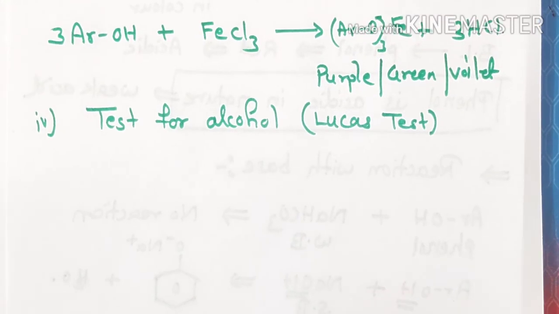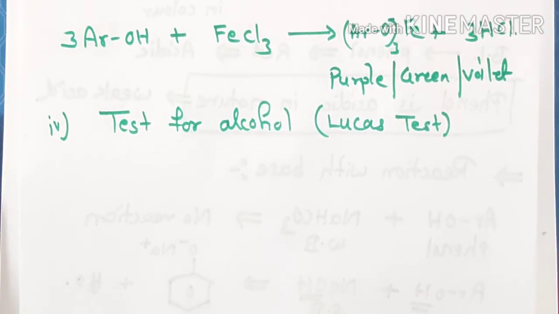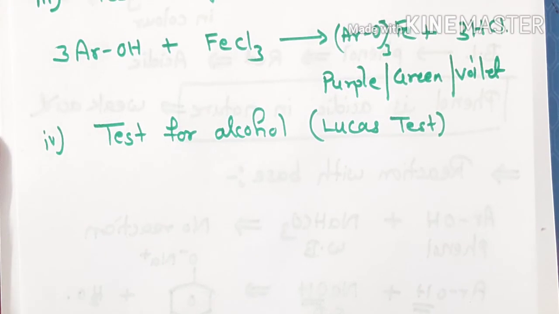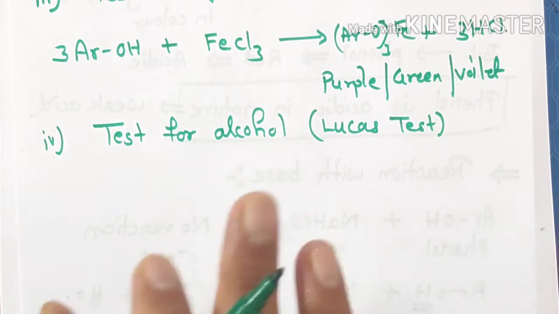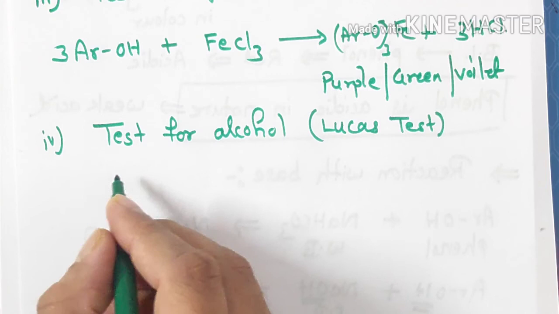If you have seen the lectures, you can easily recollect that. If not, go and watch it. Here, I'll be explaining that, but not in great detail, because I have done it in the last chapter. What is this Lucas test?